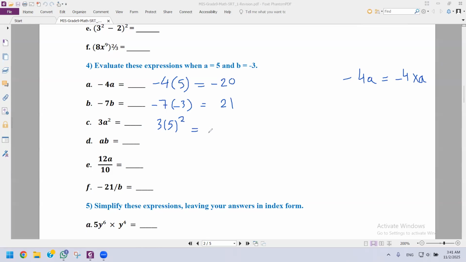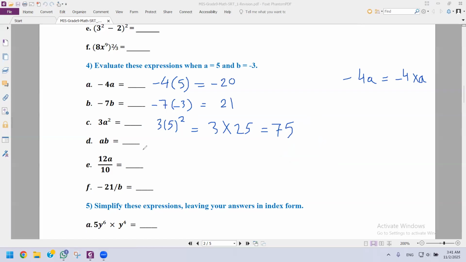Now, some of the students, unfortunately, will do 3 times 5, 15, and then power 2. No, we talked about priority. So we have power before multiplication. So I should do power first. What is 5 to the power of 2? 5 times 5 is 25. So 3 times 25, 75.